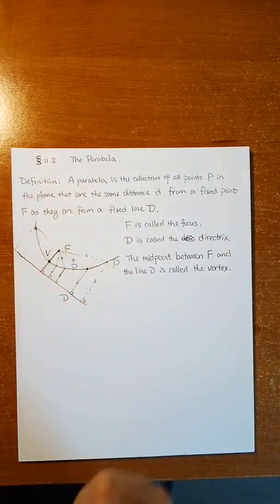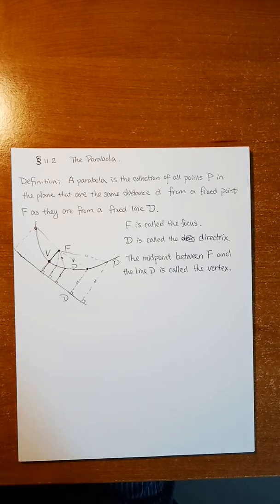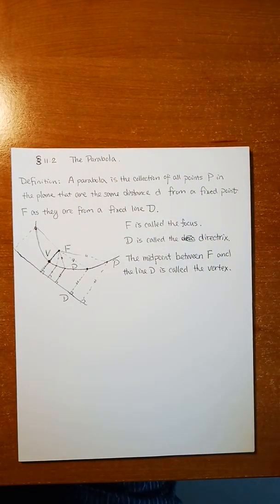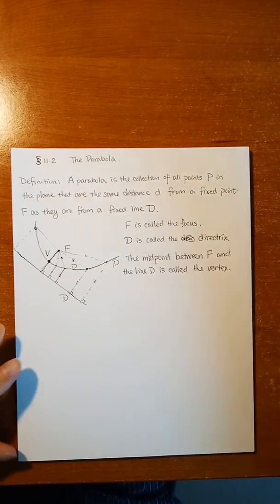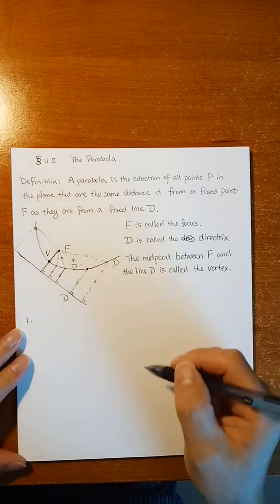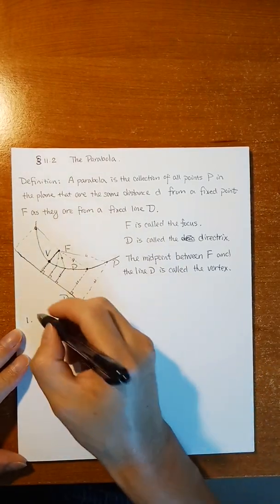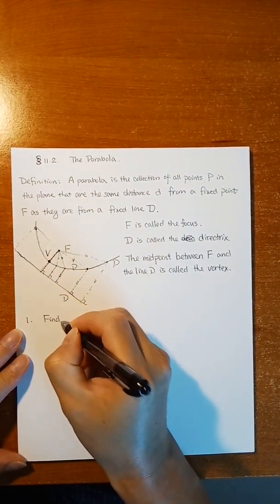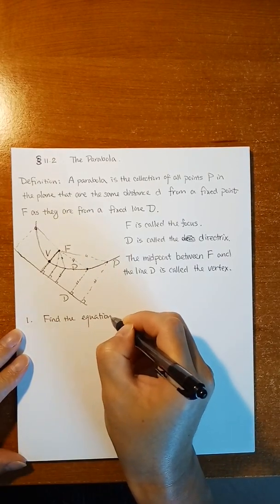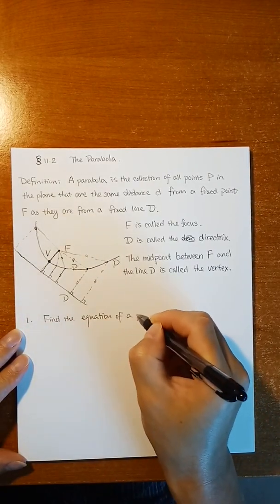So we already discussed the geometry. Now let's try to see the algebra. We want to see the algebra, which means we are looking for the equation. So first part, we're trying to find the equation of a parabola.